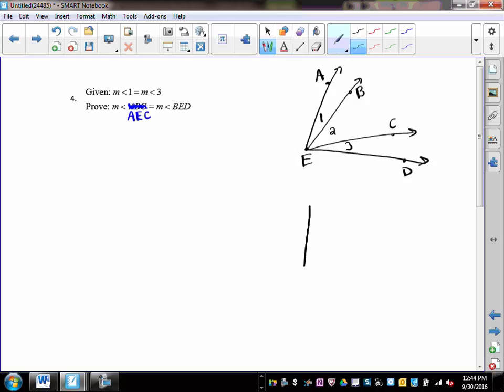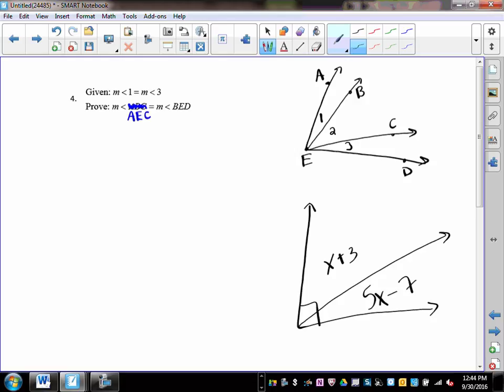No. On your test, there were some of you. Say this was x plus 3, and say this was 5x minus 7. You went ahead and set these equal to each other. Do I have any indication these are equal? No. What do I know? The measures add up to 90. They did give us it's a right angle overall, but we don't know these are equal. So be careful. Don't be assuming information about your pictures.